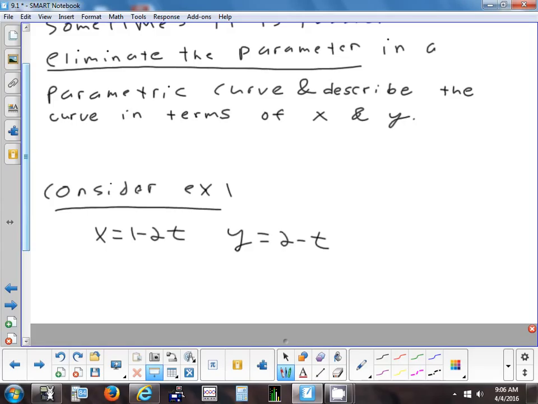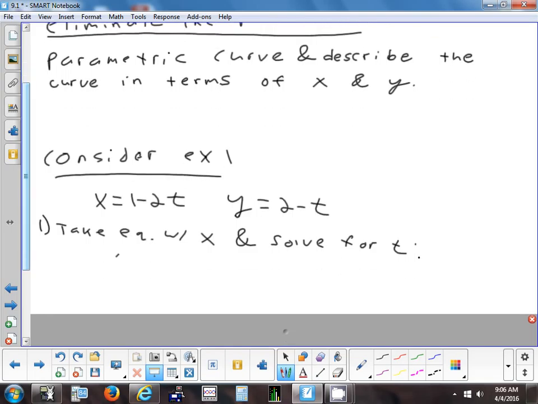The first step is to take your equation with the x and solve it for t. Get t by itself. Brian, can you tell me what my first step would be if I want to get t by itself?